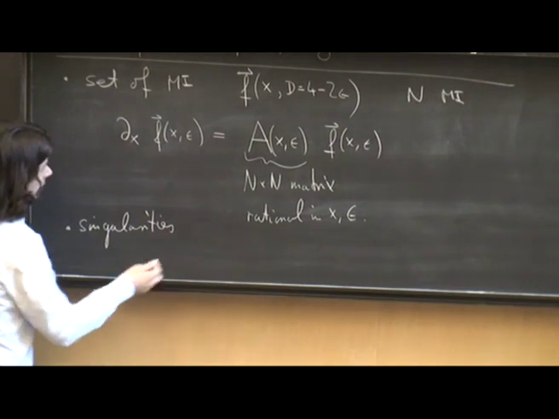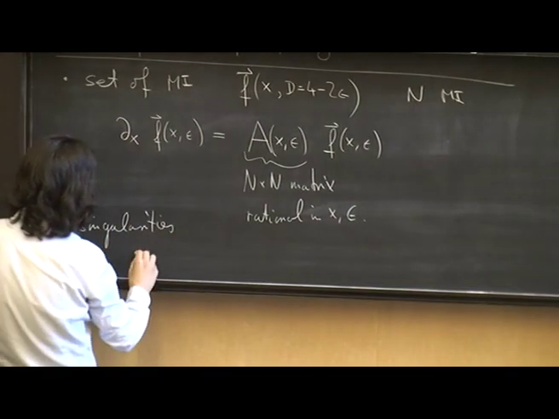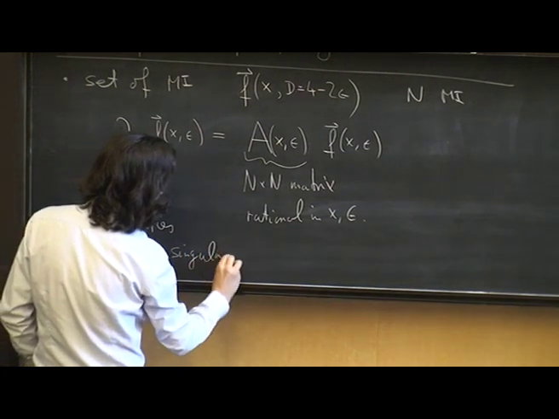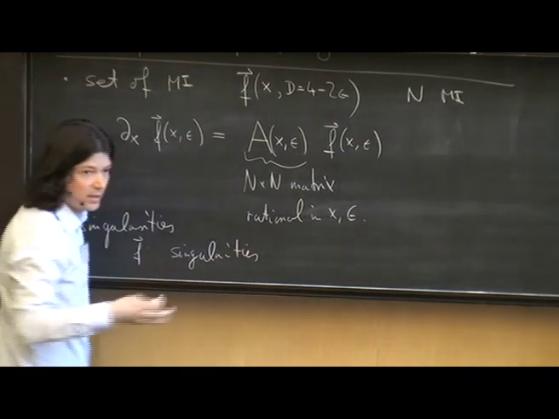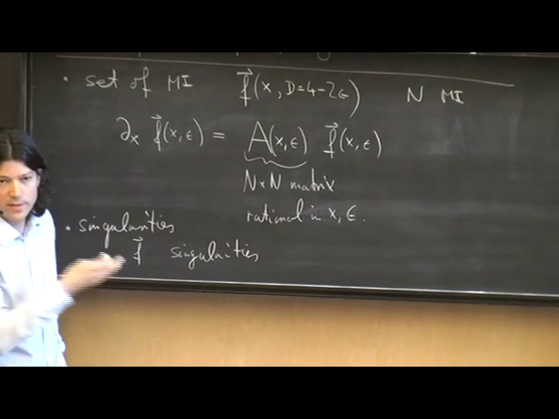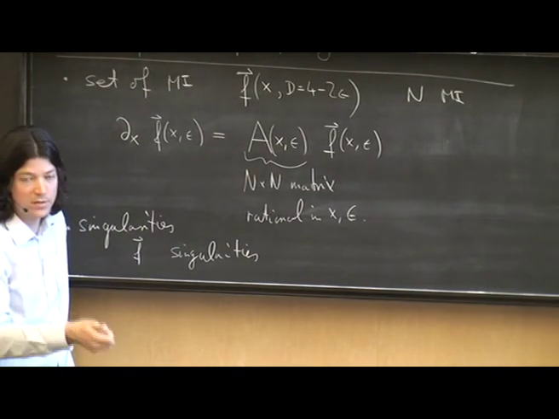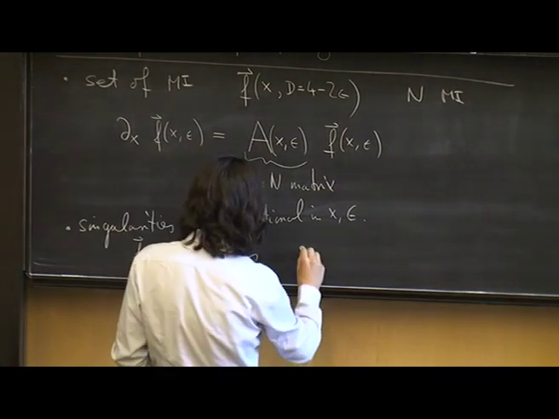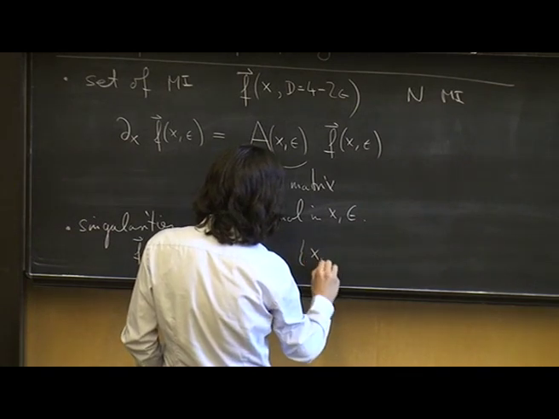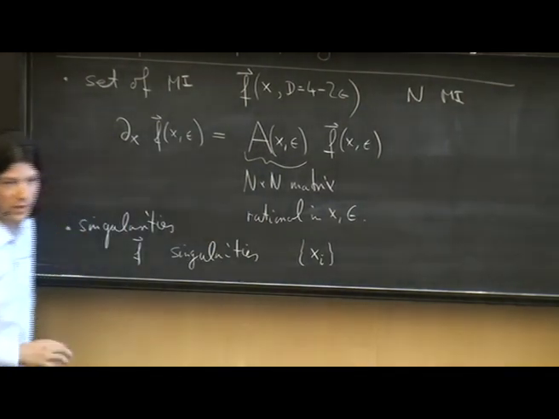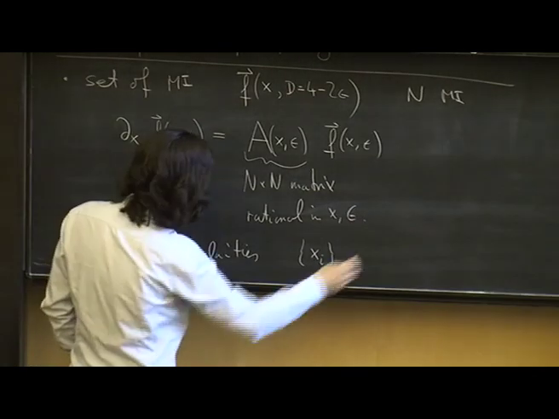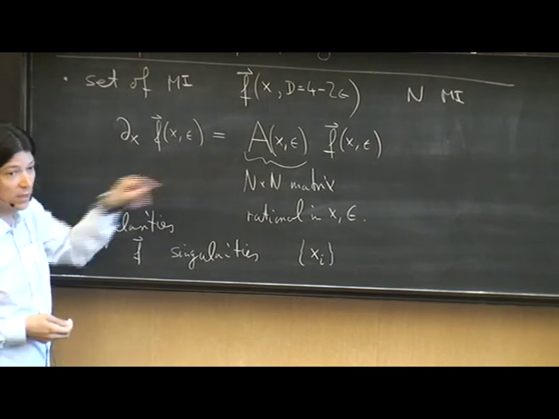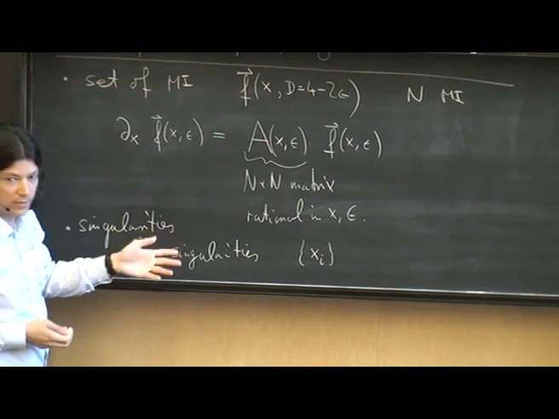In general, if we have some function f, let's imagine f could have singularities for certain values of this kinematic parameter. Yesterday we had a function which had singularities at 0, -1 and infinity. More generally, let's say these singularities occur at some positions xi, and let's assume there can be a finite number of them. Then we would like to study this differential equation in the limits where we approach one of the singularities.